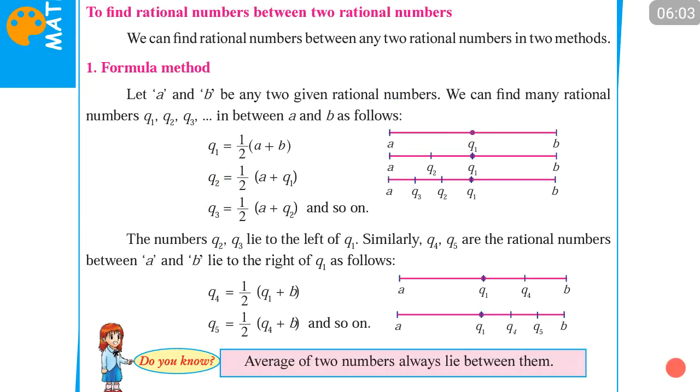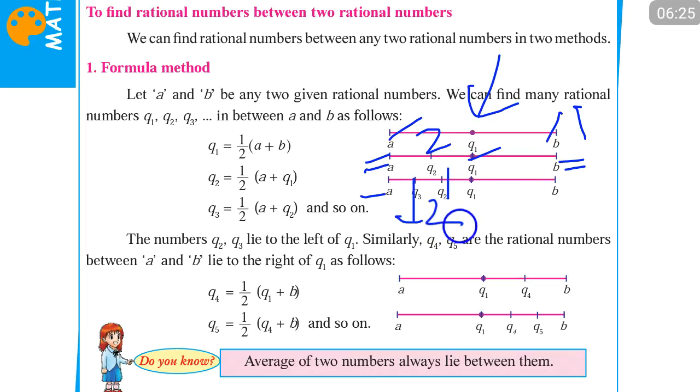We first started with finding the average of a and b, which gave the first rational number between these two rational numbers, and then we found the average of a and q1, which gave the second rational number between a and b, and then again found the average of a and q2, which is q3, that gave the third rational number for us.